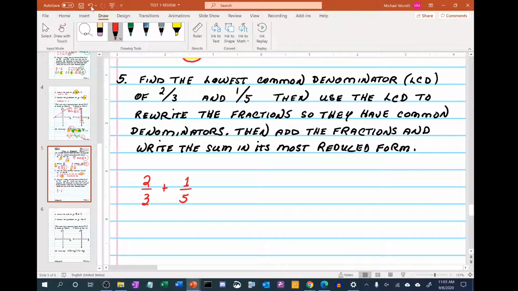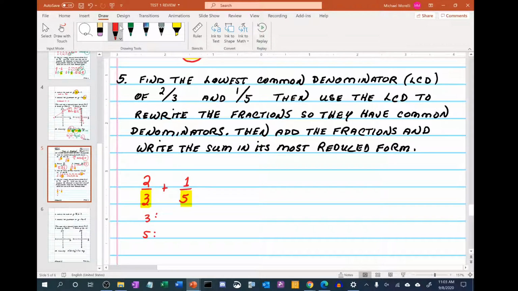But in order to do that, you have to think of the lowest common denominator between 3 and 5. And the way that you do it on paper is you're going to write out all the multiples of 3 and 5. Okay?